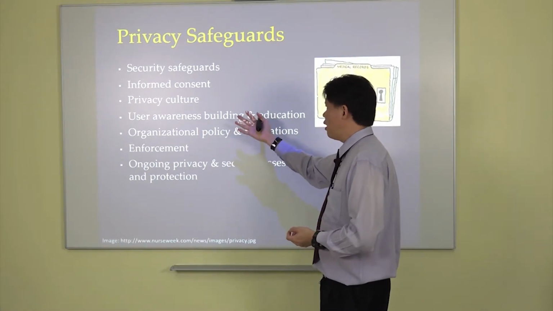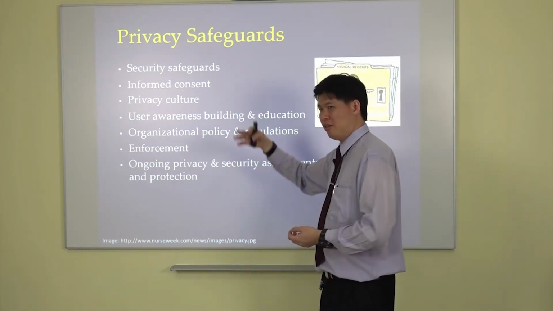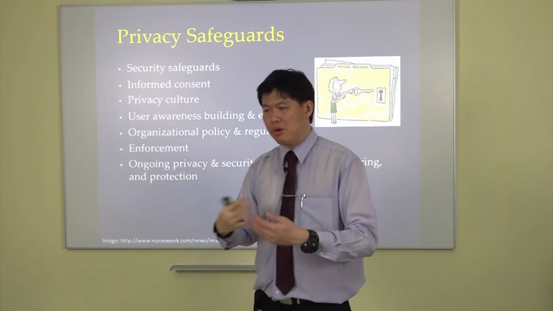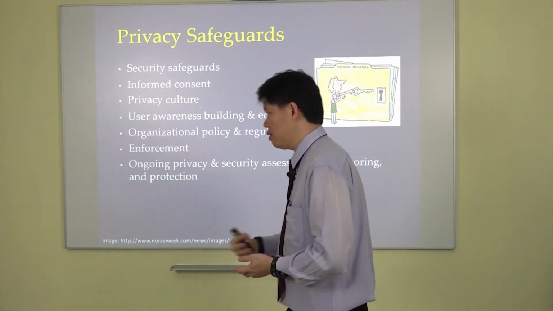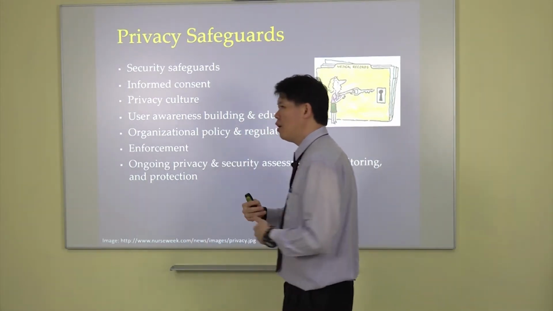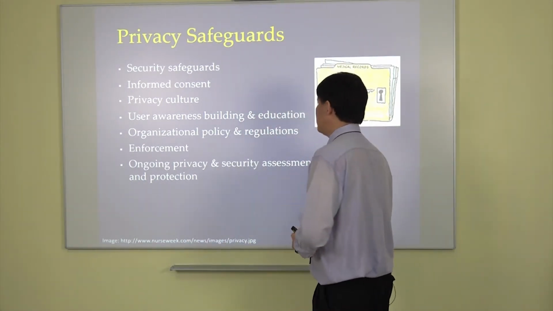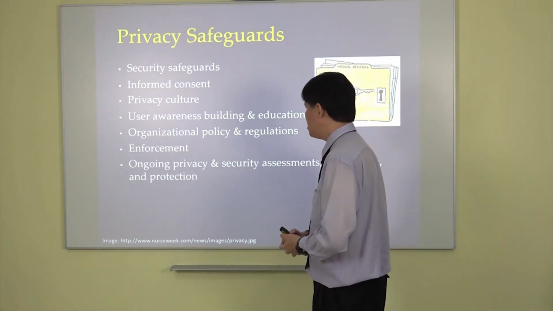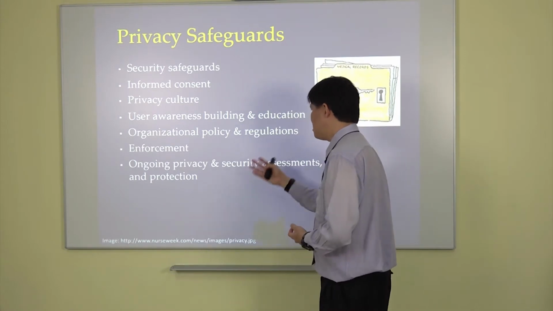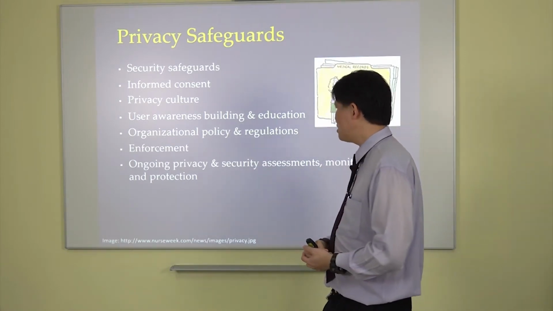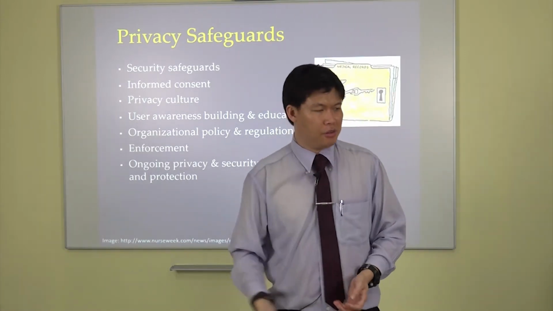There should be an organizational policy on privacy as well: what's the process of revealing confidential data to the public, or the policy on how you ask for consent from the patient, how you enforce that, and how you assess security and privacy risks and monitor that as an ongoing process.